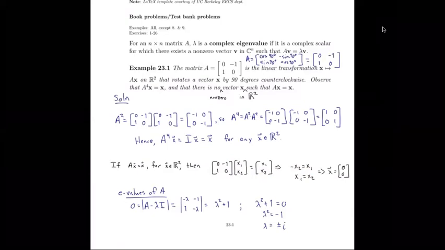I guess the better way to go about doing this would be to take this system of equations and flip them around. So, write this as x1 equals negative x2. And when we add these, we get 2x1 equals 0. And that tells me that x1 has to be 0. If x1 has to be 0, so does x2 by this equation.